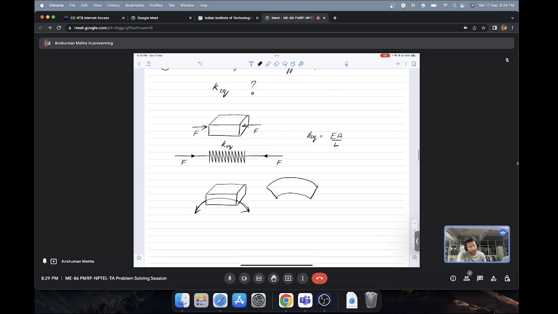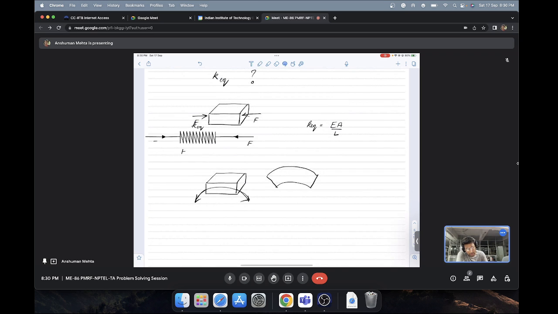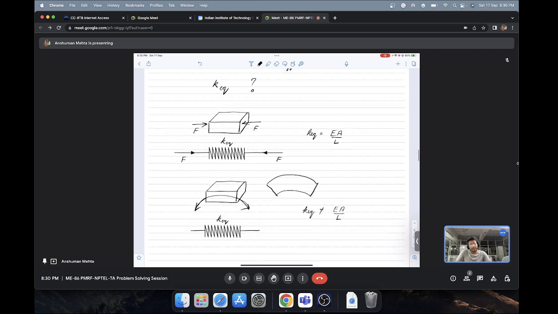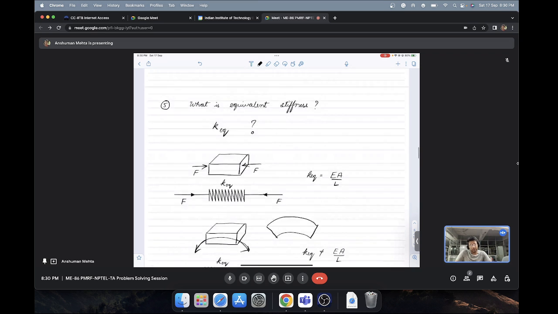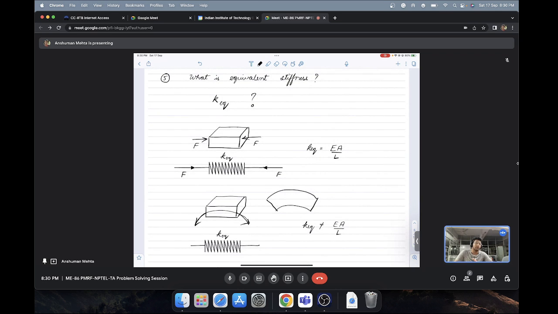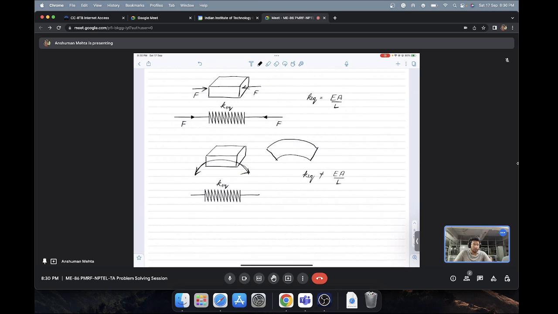And now we want to find the stiffness, the equivalent stiffness. As you can see, this won't be equal to EA by L. It will be equal to something else, which will be the bending stiffness, not the axial stiffness. Okay. Similarly, go for torsion stiffness. So equivalent stiffness means which physics we are capturing, and it varies across situations.